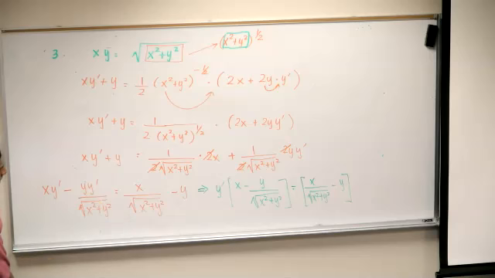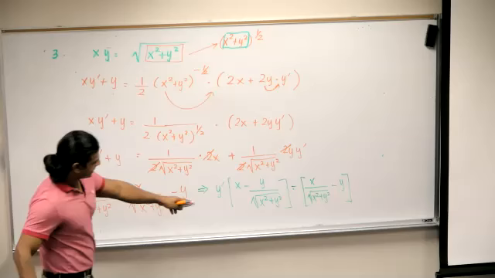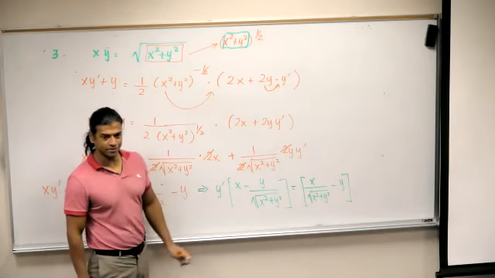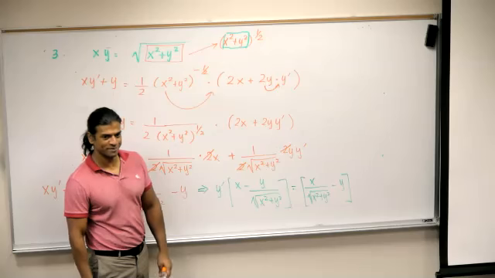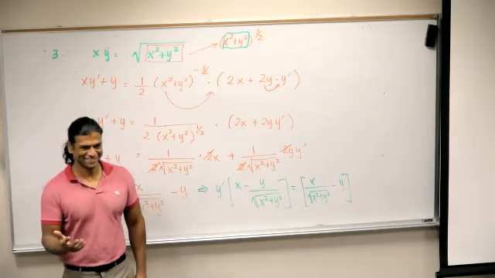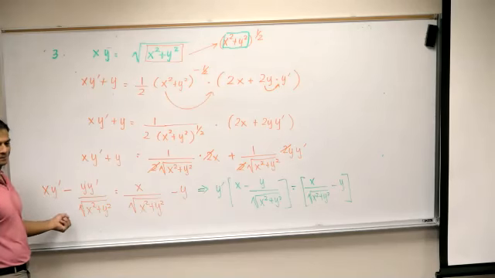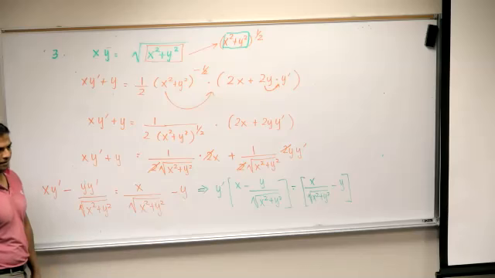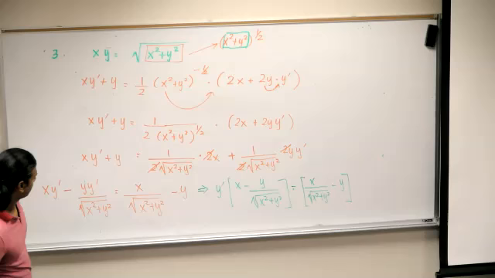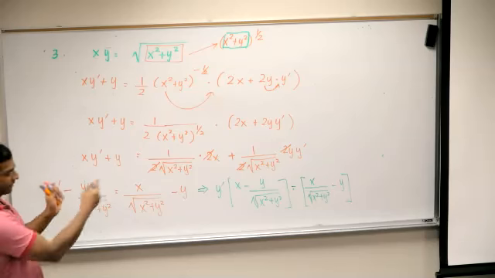Now, I can take the common denominator. Do you agree? Did we follow up to this part? Why is it minus one? Actually, never mind, I know why. I moved it, thank you, right.